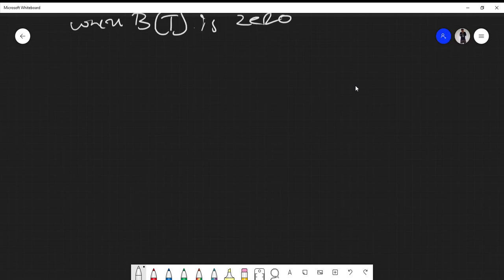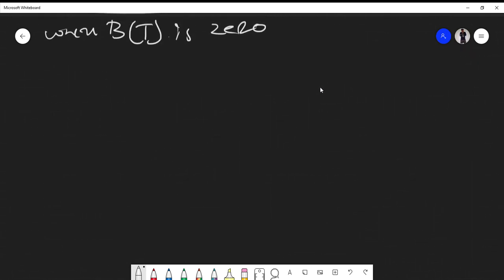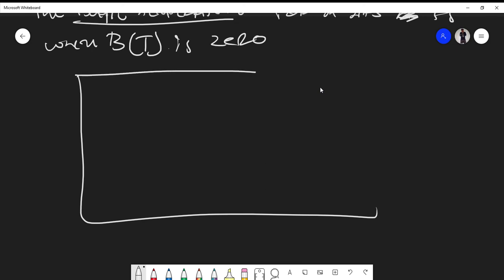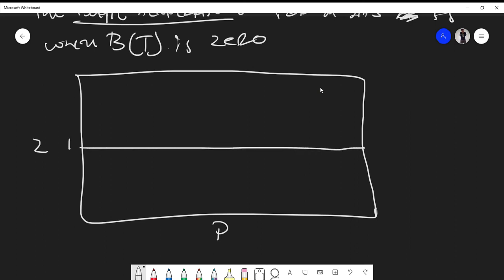So let's look at the Boyle temperature on a graph. Here we have P on the x-axis, we have Z at 1 in the midline, and we have Z at 2 at the top and 0 on the bottom. For high temperature, we see something like this. This would be high temp.